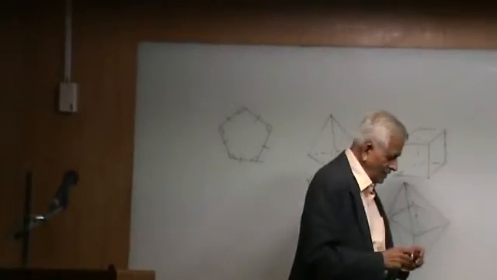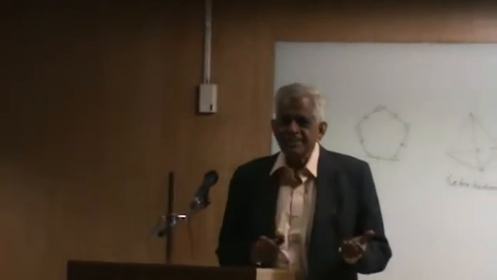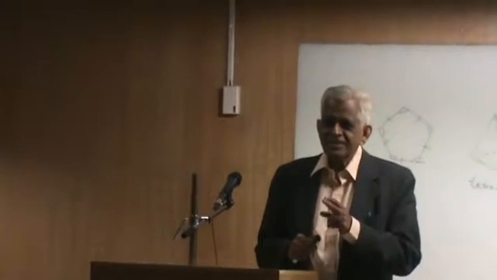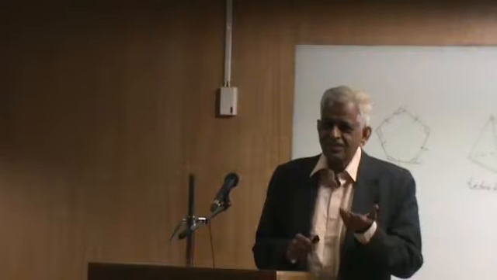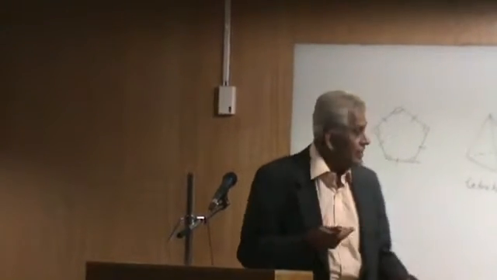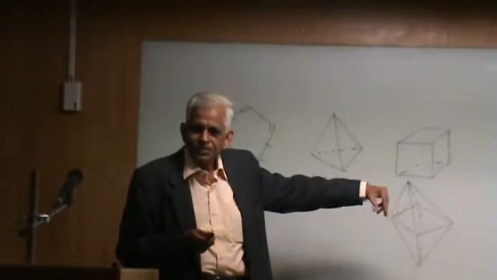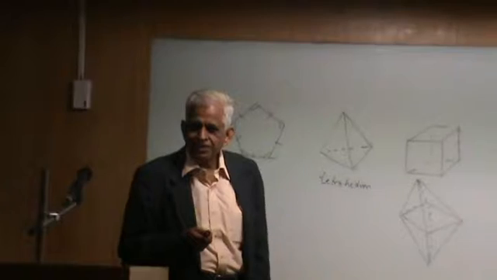And there are 2 more objects. Dodecahedron. Dodeca is 12 pentagons. So out of 12 pentagons you can construct this object. And it's dual in this sense. You take the midpoint of the faces and join 2 midpoints if the faces have an edge in common.